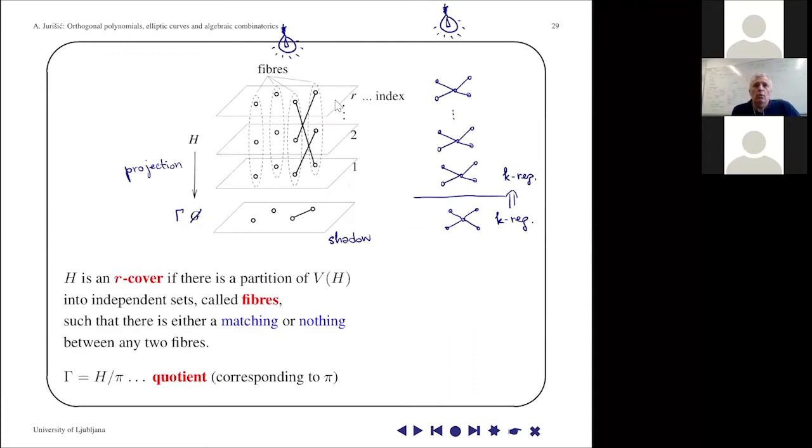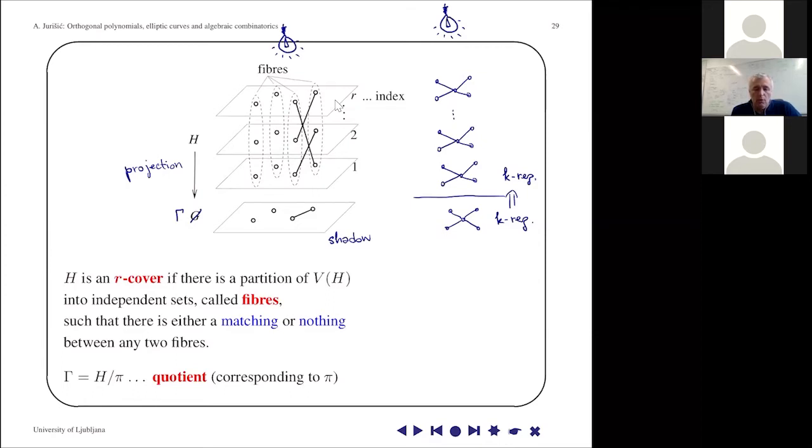Okay, what I also need, and I already mentioned this example of the dodecahedron and Petersen graph, is a special partition. So I'll define H to be an R-cover of graph gamma if we can partition H into independent sets. These independent sets are called fibers, and between any two fibers I have either a matching or nothing.